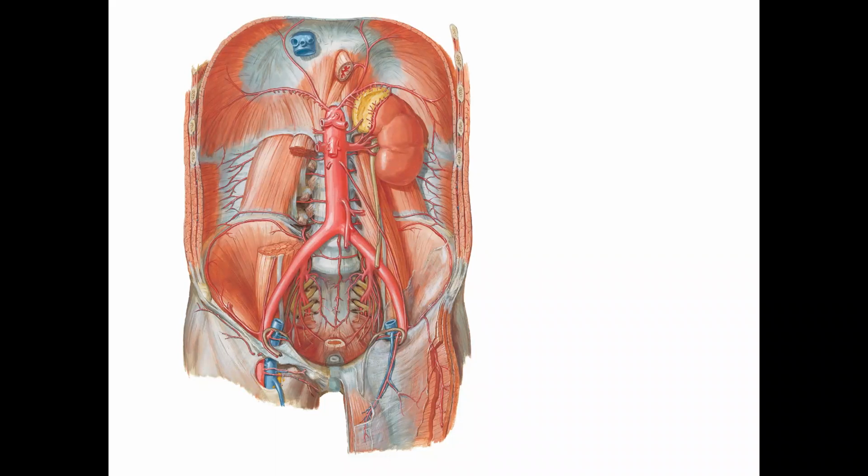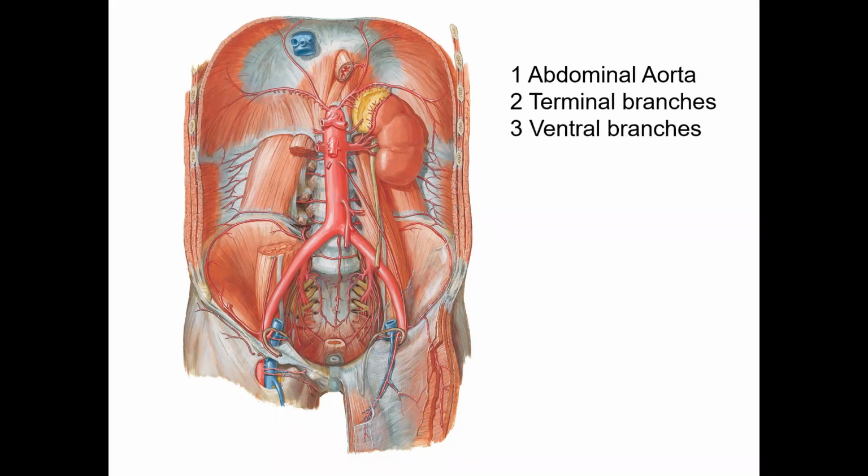And this student immediately answered: there is one abdominal aorta which divides into two terminal branches, the common iliac arteries, and which gives rise to three ventral branches. At the vertebral level of T12 is the celiac trunk, at the L1 vertebral level is the superior mesenteric artery, and at L3 vertebral level is the inferior mesenteric artery.